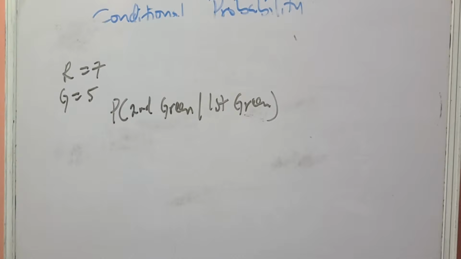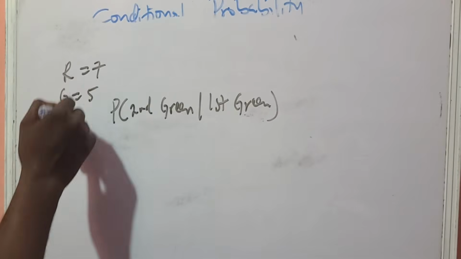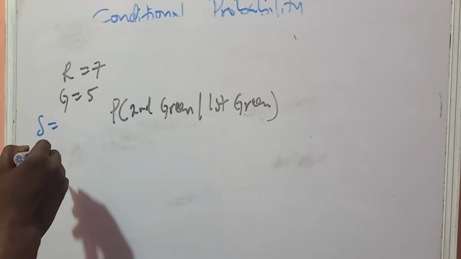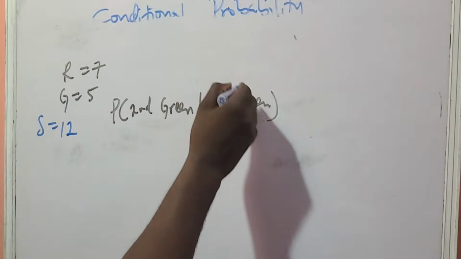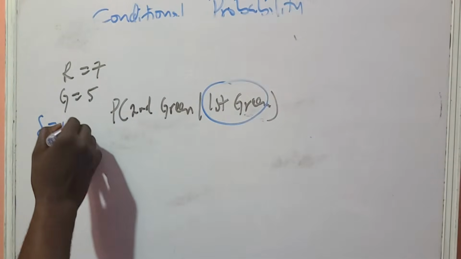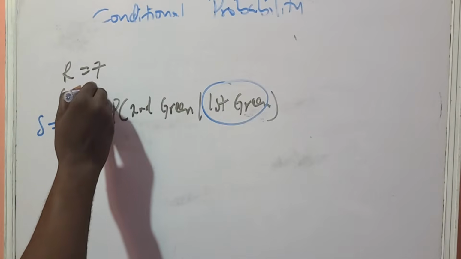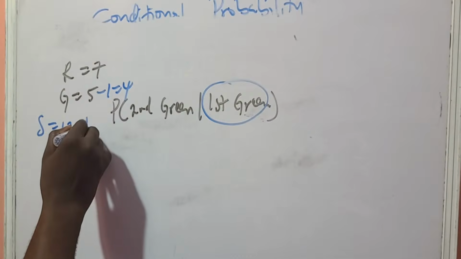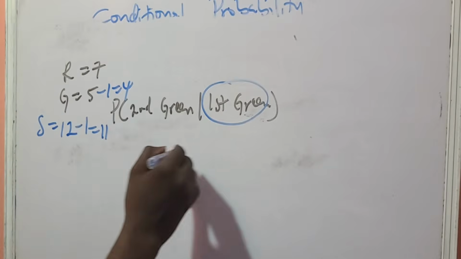All right. So if you look at this, it follows the same pattern, right? The sample space here, we have 7 plus 5. That will make a total of 12. Now, you drew the first as green. Of course, the green event space reduces by 1, and the sample space reduces to 11.